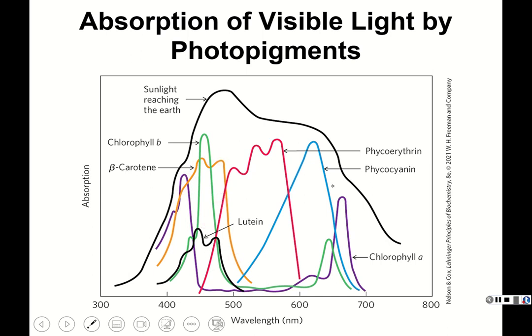These other pigments in the middle, those are the photosynthetic bacteria and algae that we don't really need to talk about, but they're absorbing more in that green-yellow region. So that's why they can appear to be different colors.